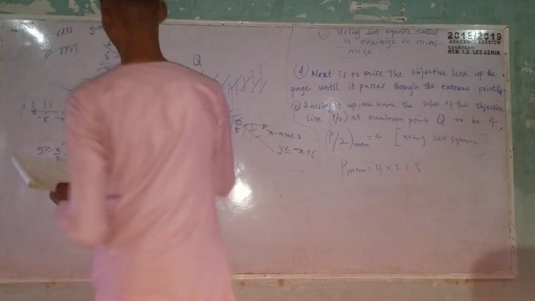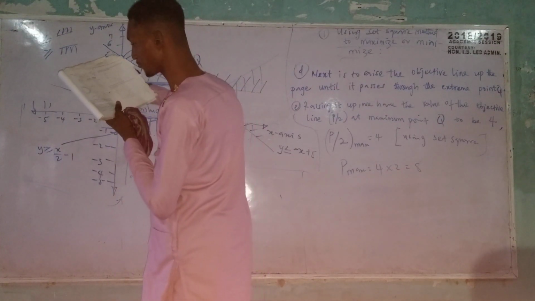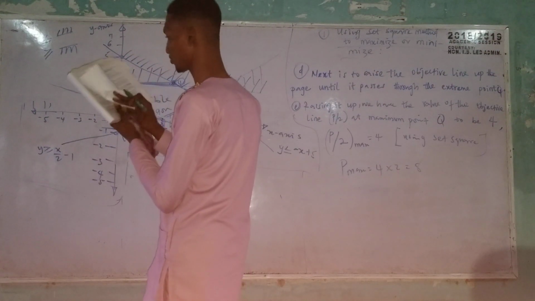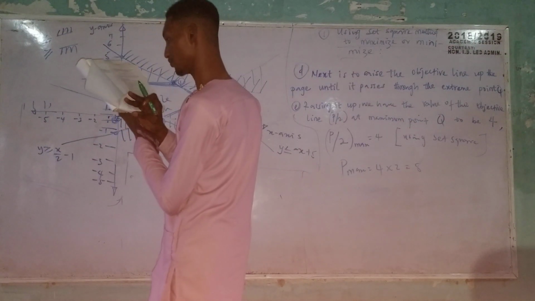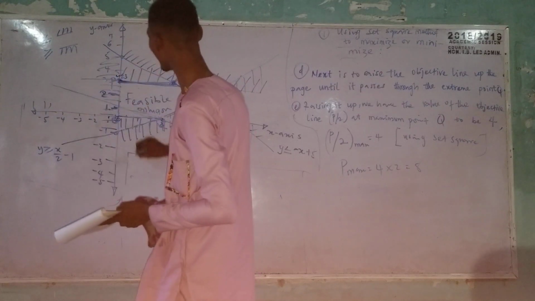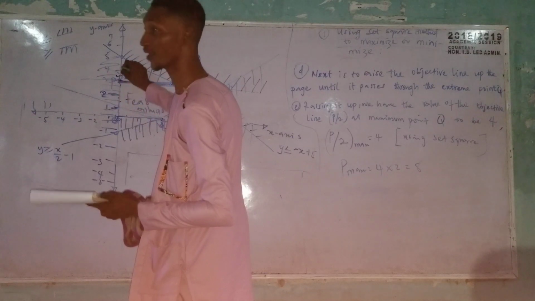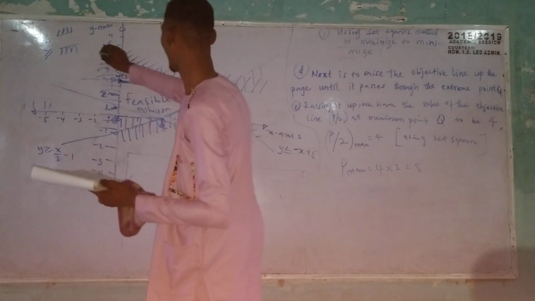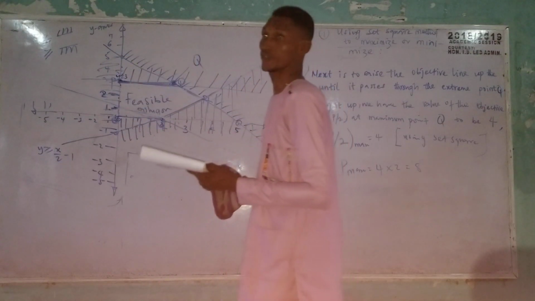When I raise it up, I'm going to have my answer as 4. Notice 0, 1, 2, 3, 4, right? So it's going to touch at this maximum point.